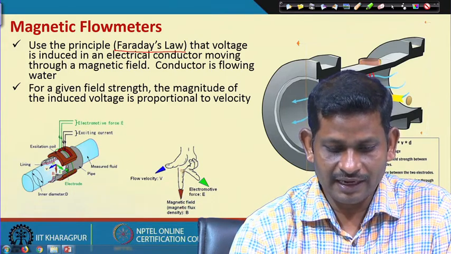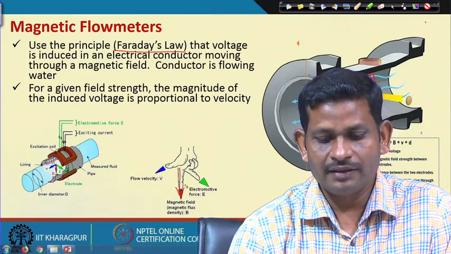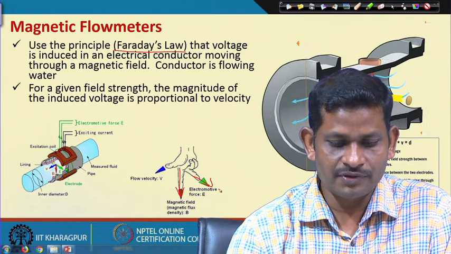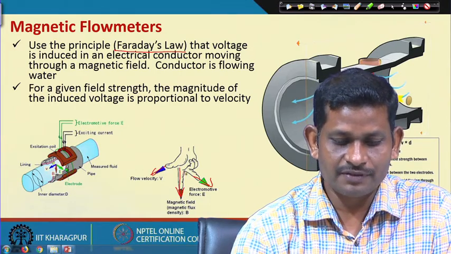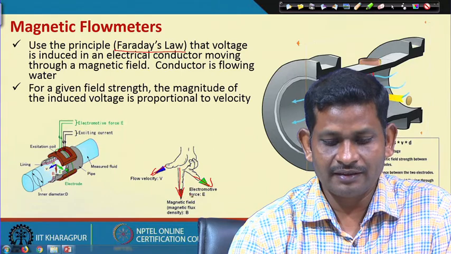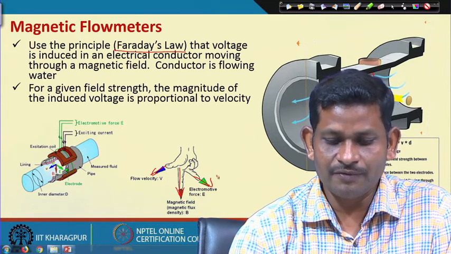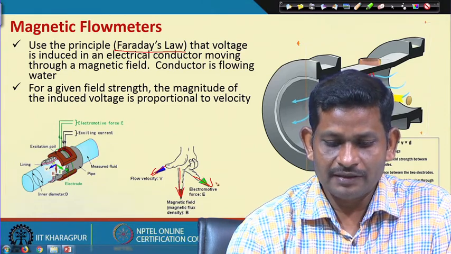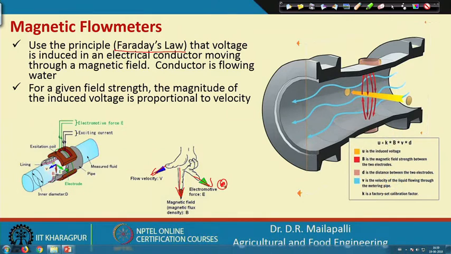The magnetic field is the pointing finger and the middle finger has the electromotive force, and the flow is the current flowing through the magnetic field, and that can induce the voltage. So, the induced voltage here will be related to the flow velocity.